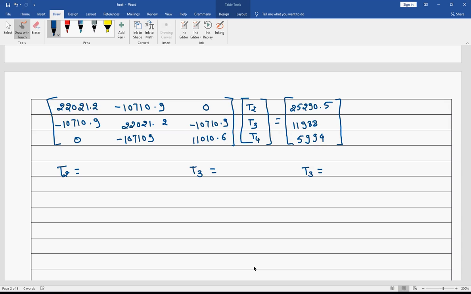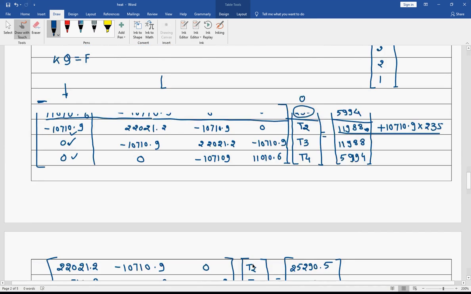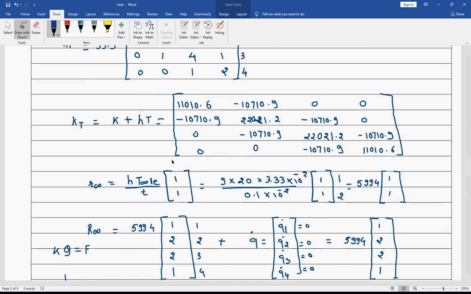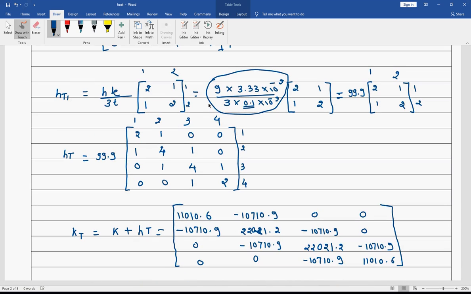So K plus HT, T is not taken. Somebody is saying, but T is 0.1. So I have written here: this is K plus HT, and T is 0.1, and this value is coming to be 99.99.